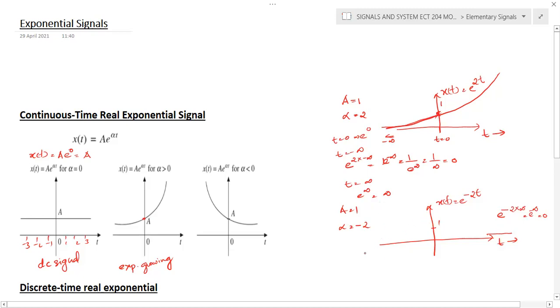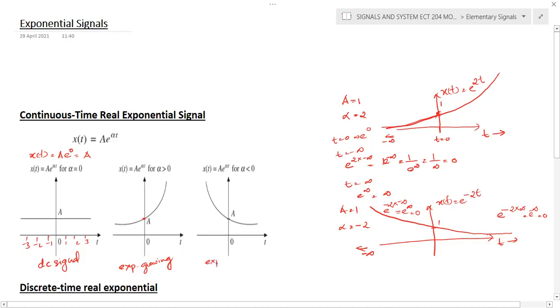Now we can evaluate at t is equal to minus infinity, in this direction, extreme left. At this particular point, the function magnitude is e raised to minus 2 times minus infinity, so it becomes e raised to infinity, which is equal to infinity. So the function starts from infinity, goes to 1, and finally reaches 0. It is not a straight line; it's an exponentially decaying signal.